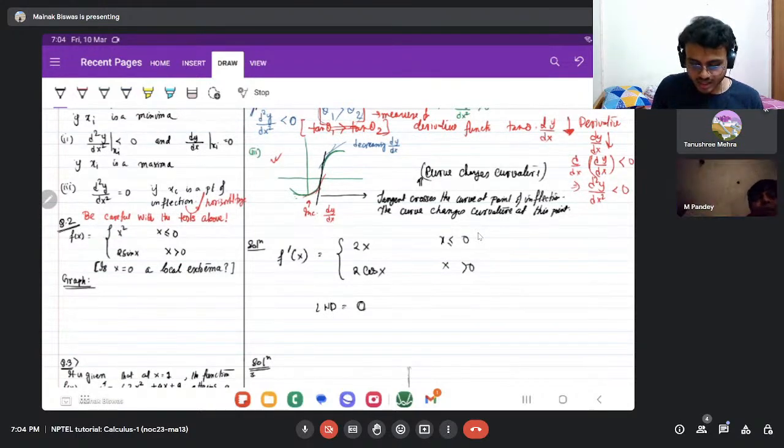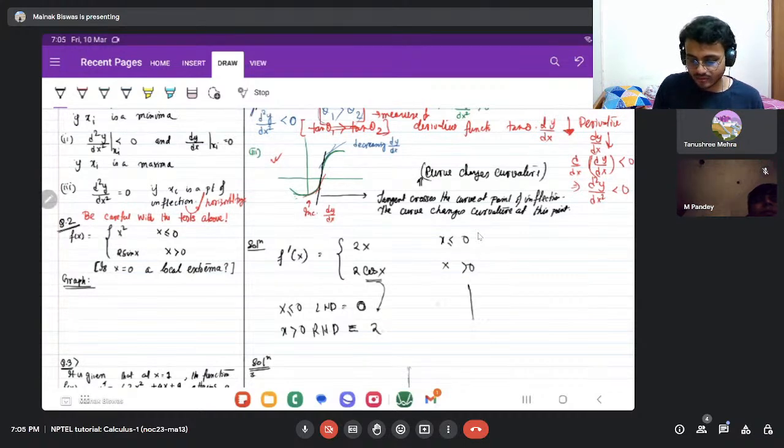Now the right hand derivative, Anushri will tell me. What is the right hand derivative? 1. Cos 0 is? What is cos 0? Cos 0 is 1. So 2 into 1 is 2.